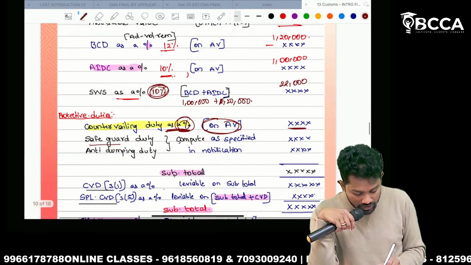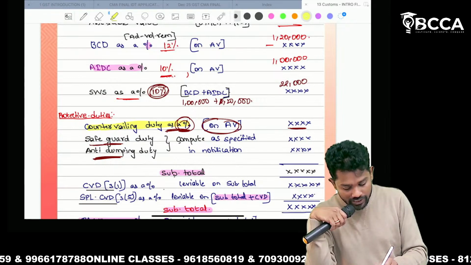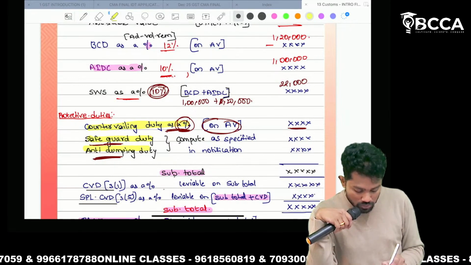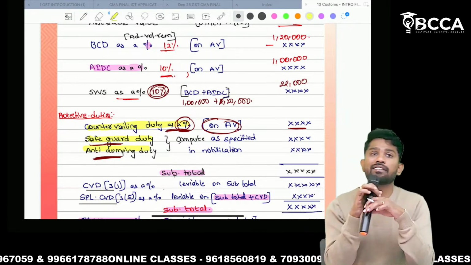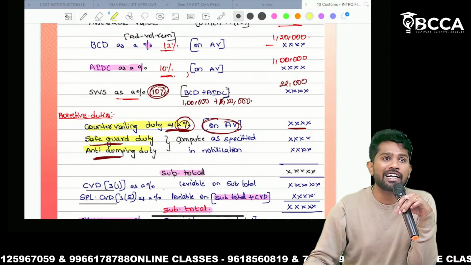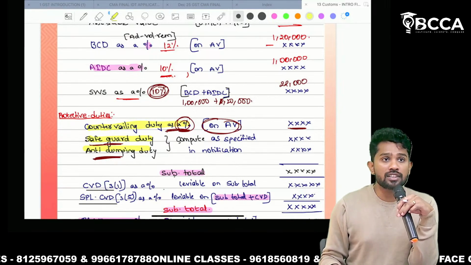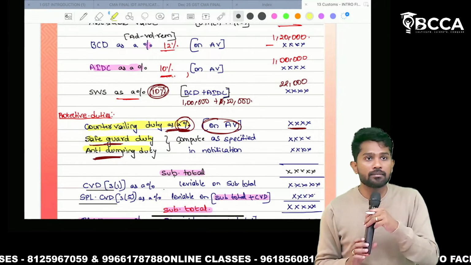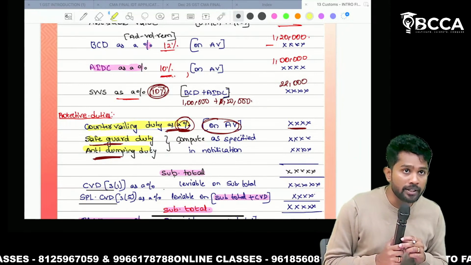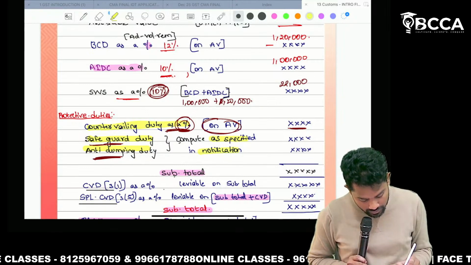Then safeguard duty, anti-dumping duty. Those two we cannot levy straight away as a percentage. In that particular safeguard duty notification and anti-dumping duty notification, they will be providing how it has to be levied.